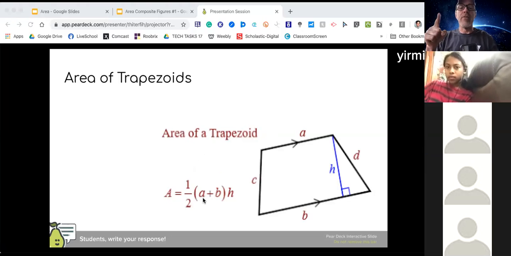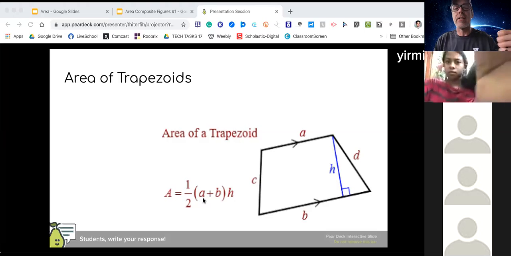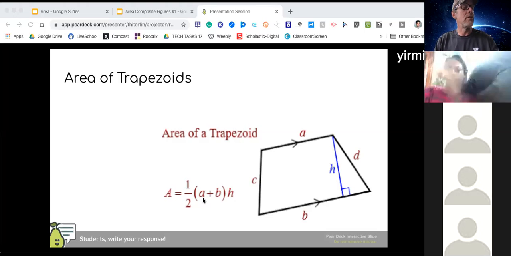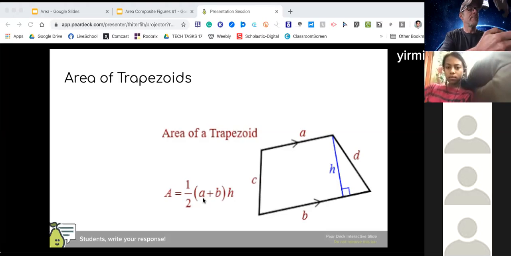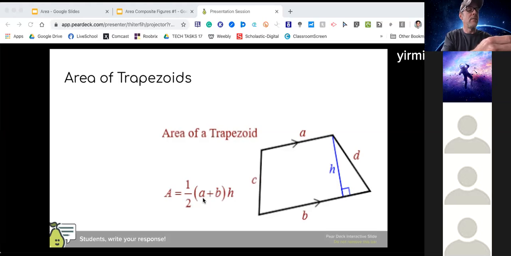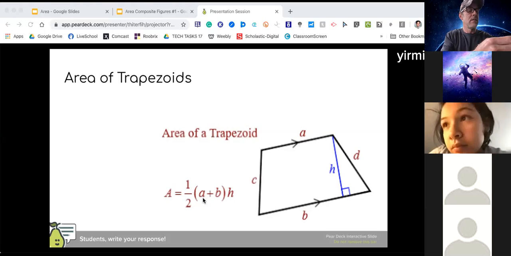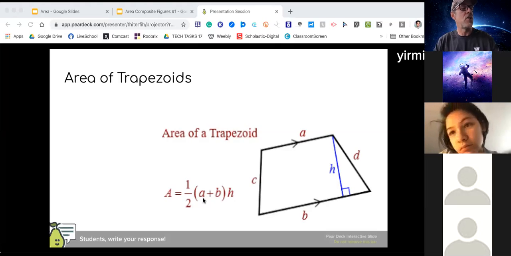Okay, next. All right, quick review. Here's the area of a trapezoid. If you want to take a screenshot of that screen, and if you'll just type yes or no if you're clear on that.